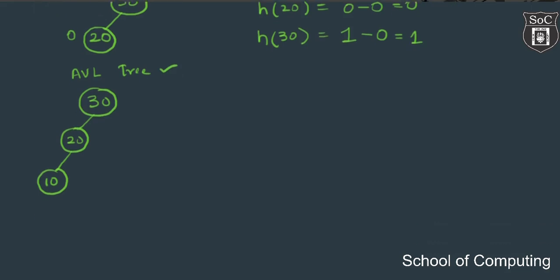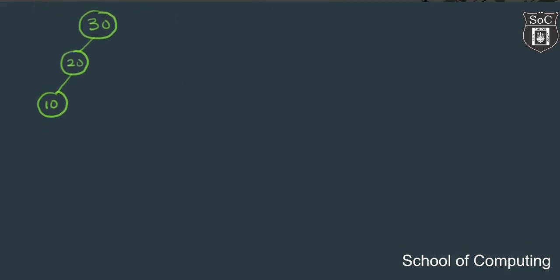When I add the third element 10, what is the current status? Is it still an AVL tree? Is it still a height balanced tree? Let us check it by calculating height at every node. So what is height at node 10? It's a leaf node, so leaf node height will always be 0. No left child and no right child.